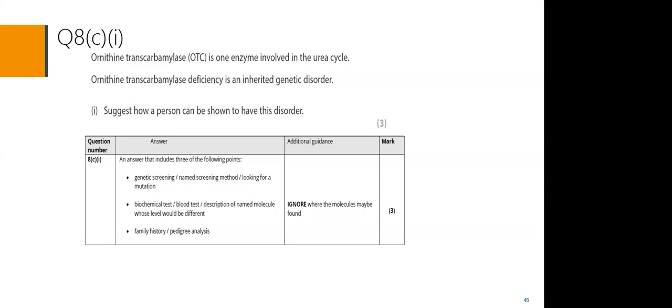Now, what the question is actually asking is to use the information in the table to explain how an inherited genetic disorder can be tested for. So you've got genetic screening, you've got a biochemical test, and you've got family history, which are the three different ways that an inherited genetic disorder can be tested for.